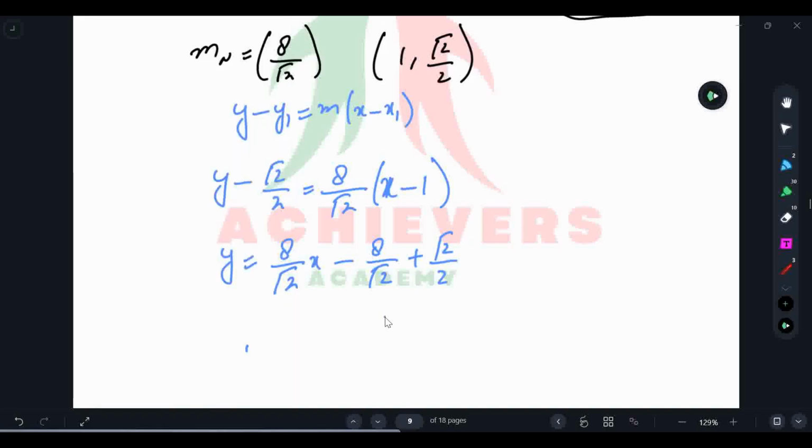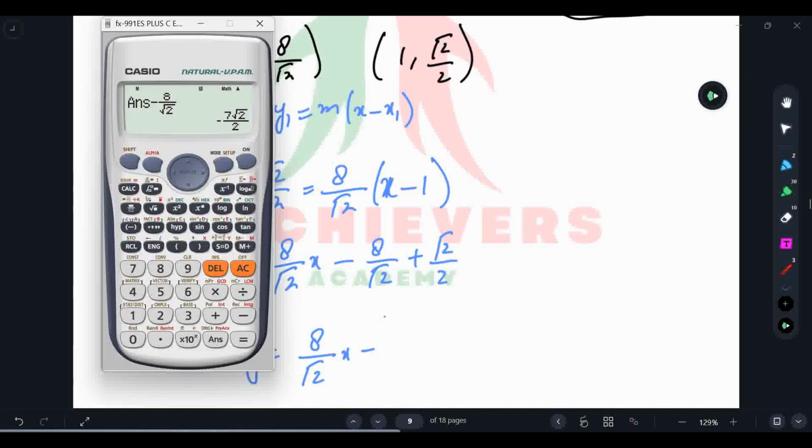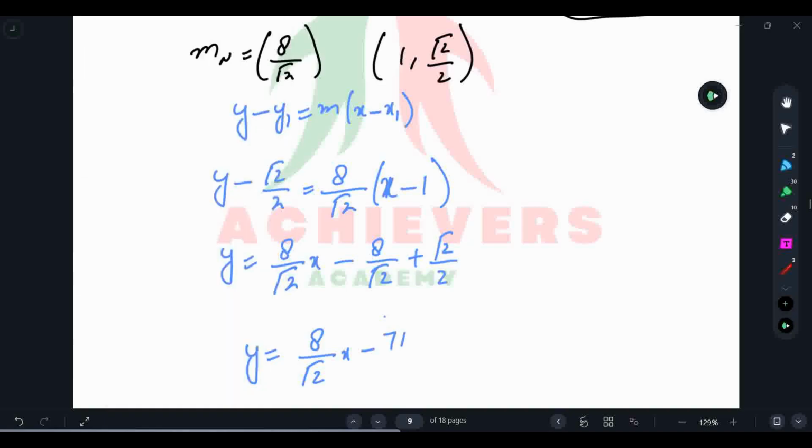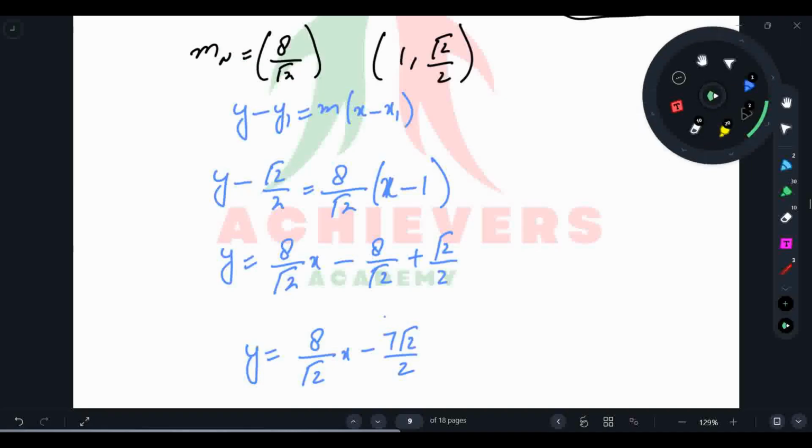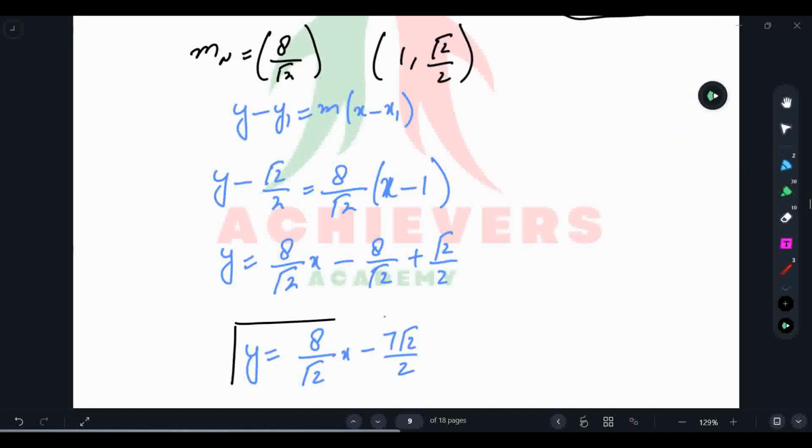So y will be equal to 8 by square root of 2 x minus 7 square root of 2 by 2. This will be the final answer.